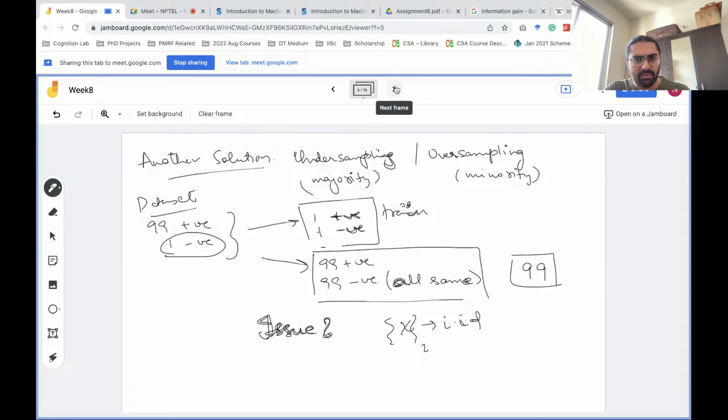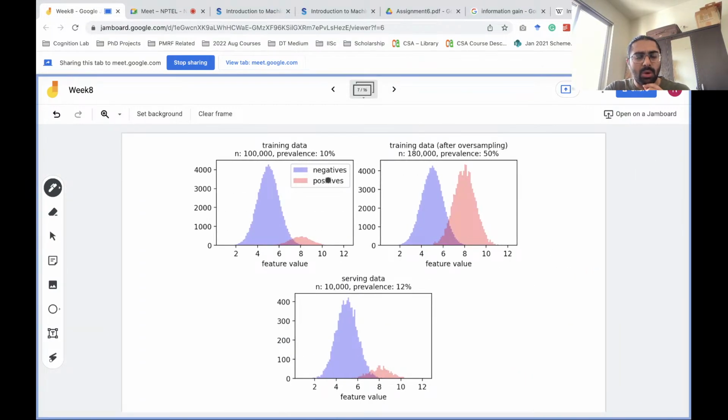Now we'll see one example in detail as to what will happen if you do an oversampling procedure. Let's say we have training data in which I have 1 lakh samples, and the prevalence is 10%. So here it is negative and positive. I basically have 90% negative class and only 10% positive class. So I say go ahead and oversample it.